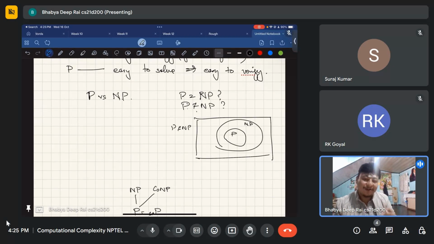Of course, if P is not equal to NP, then I cannot have an NP complete problem in P, because then P would equal NP. The question is, would this entire place be filled with NP complete problems, or will there always be a problem which is not NP complete? Is this possible? And that is what Ladner's theorem is about.